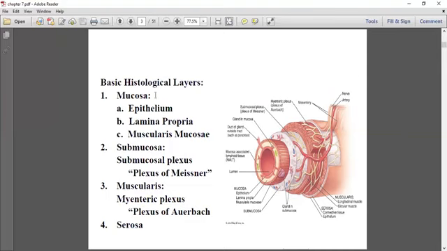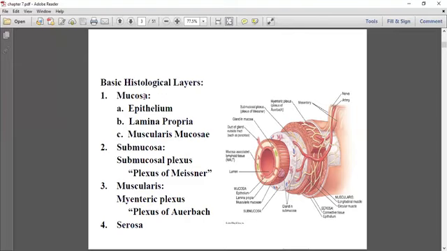Mucosa is related to mucous membrane because epithelial tissue is rich with mucus secreting cells forming a mucous membrane.